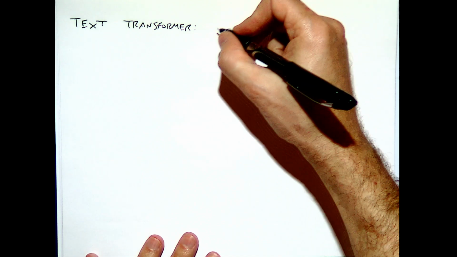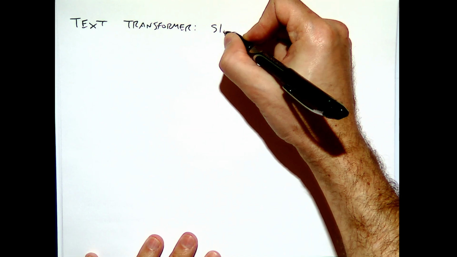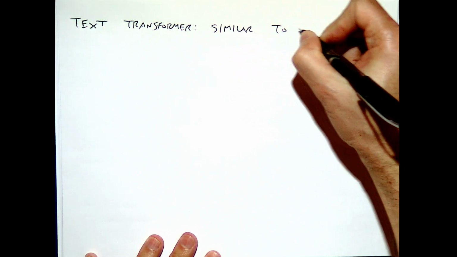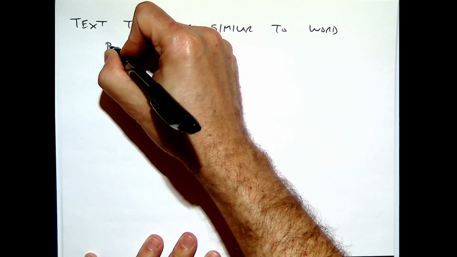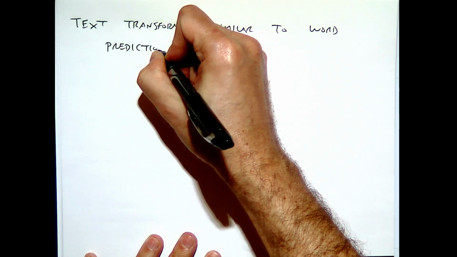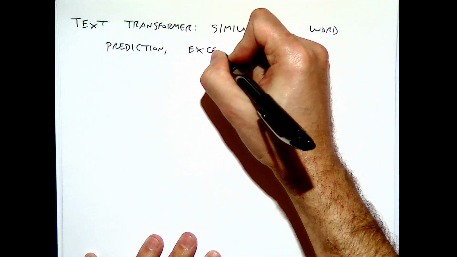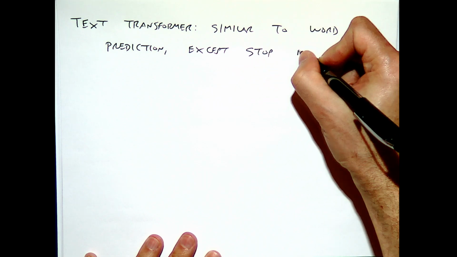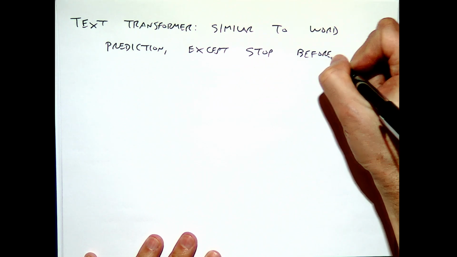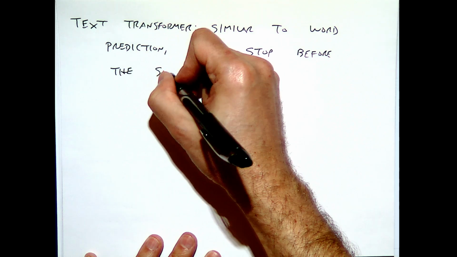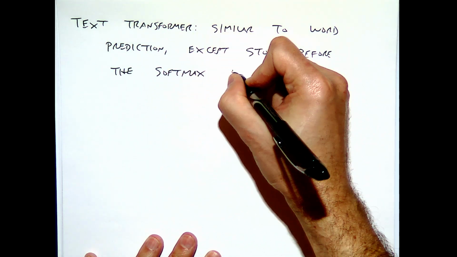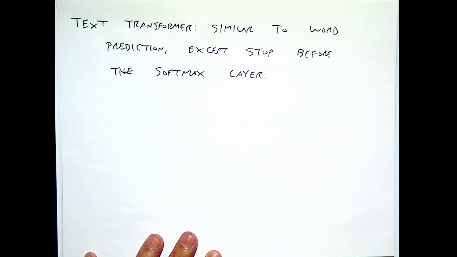So it's similar to what we talked about for word prediction, except I basically stop before the softmax. So it's kind of like the highest level of the transformer at the end of the text string. That's the output that I use. So the text part is pretty simple.